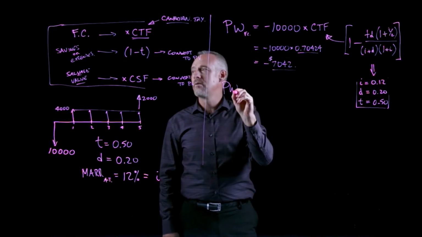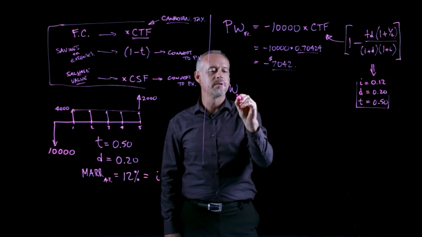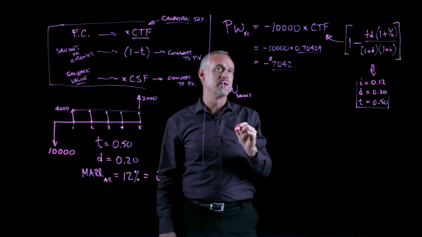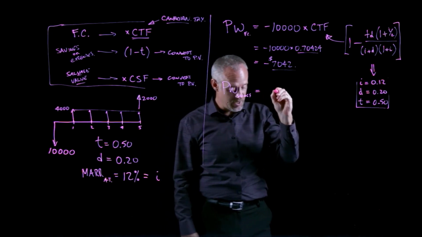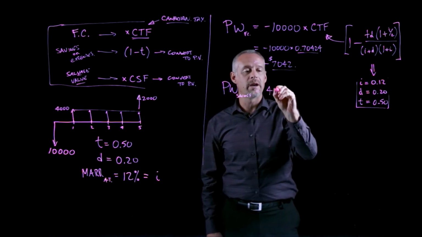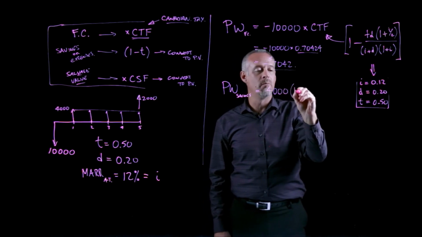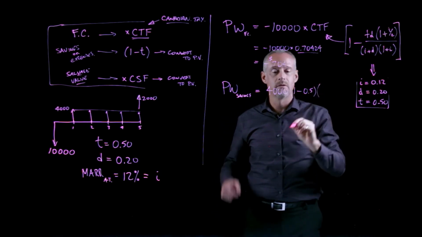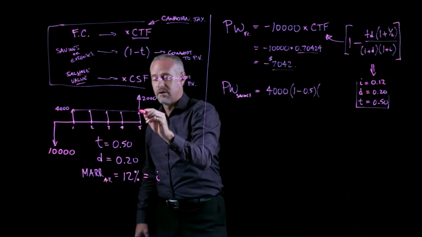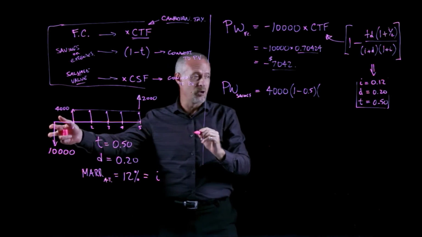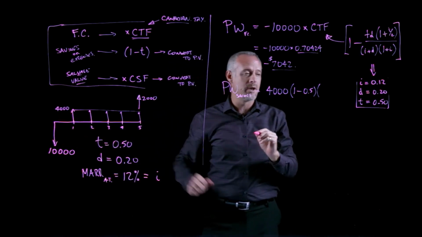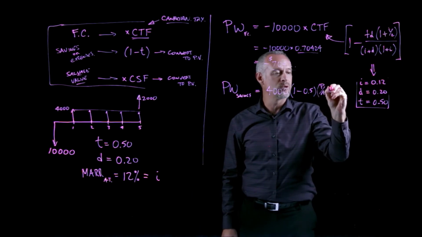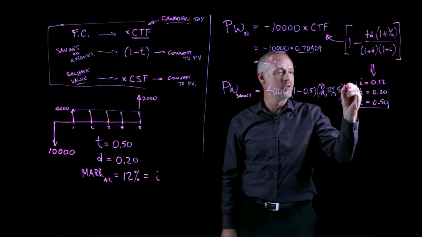The present worth of the savings, so the present worth of this $4,000 yearly savings is going to be simply the 4,000 times 1 minus the tax rate times, now remember this is an annuity, so I need to bring them all back to the present, and I'm going to use the company's MAR as the interest rate, so I'll use the P given A factor for 12% and 5 years.